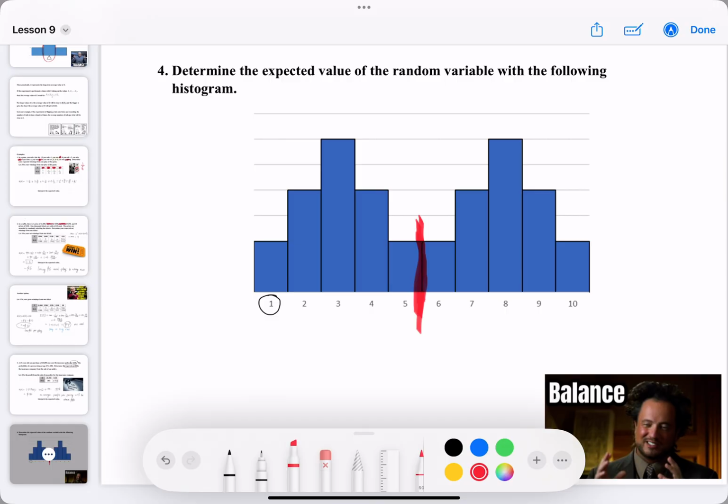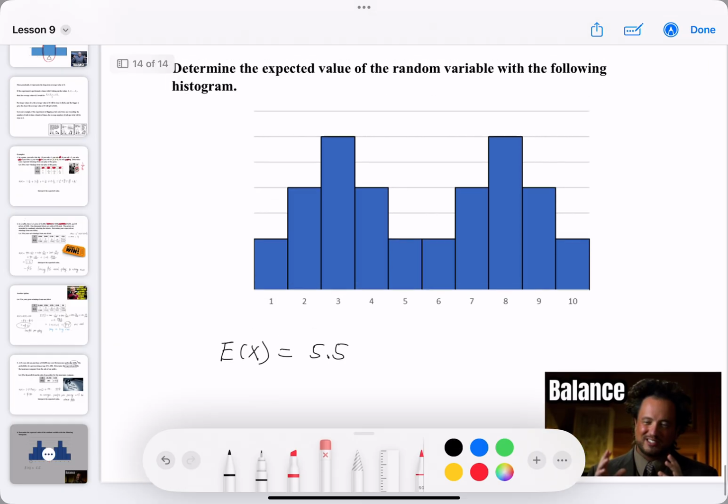I am thinking this value is 5.5, so this is the balance point. My graph is symmetrical along this point. So I'm going to say the E of X, or expected value, is 5.5. Even though I don't have my table, I can tell from the balance point. Okay, this is the last question.